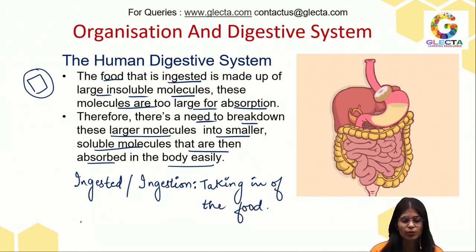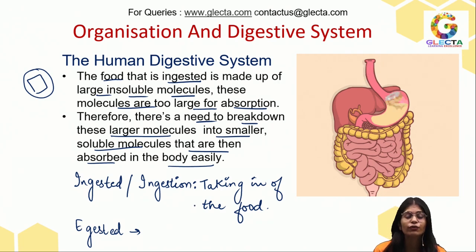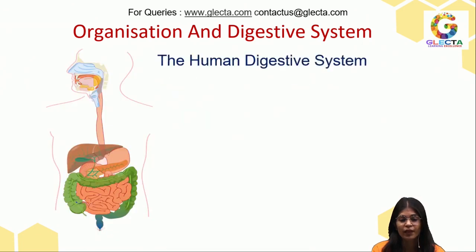Similarly, there's another word which is known as egested. This would be removal of waste from the body which has been produced by the process of digestion, the food particles that cannot be absorbed by the body. So e means out, in means in. So like that you can remember it.